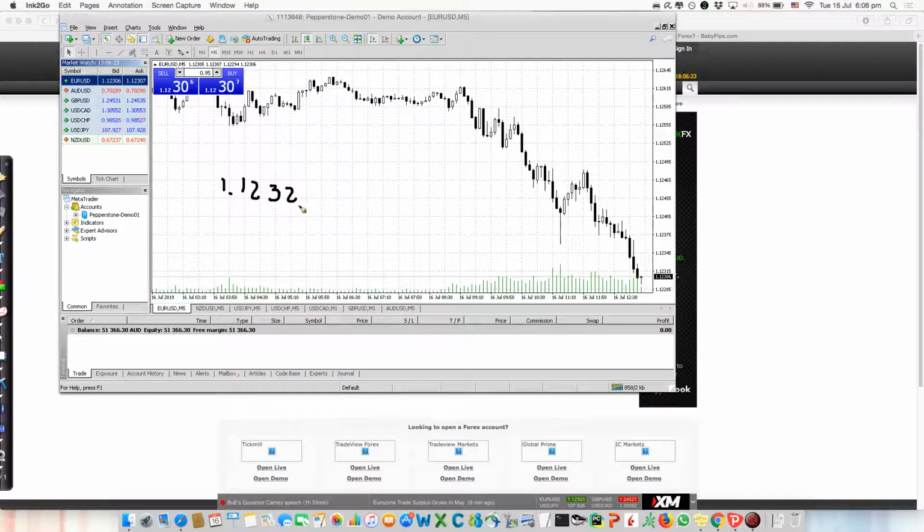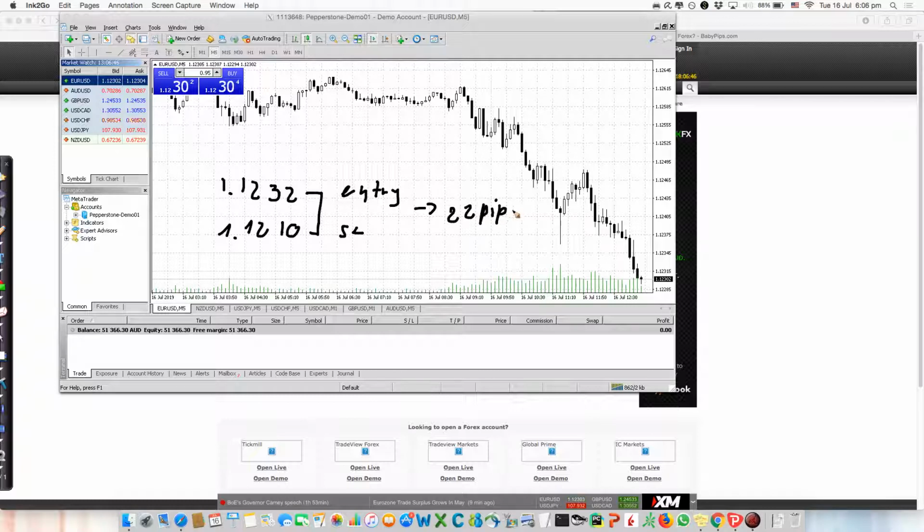Okay, and let's say that the stop loss is 1.12 I don't know, 10. It's just an example, okay? And this means that the difference between entry and stop loss is 22 pips, right? It is similar to the distance between entry and stop loss in the US market, for example, but instead of having US dollar, as I say, now we have pips.